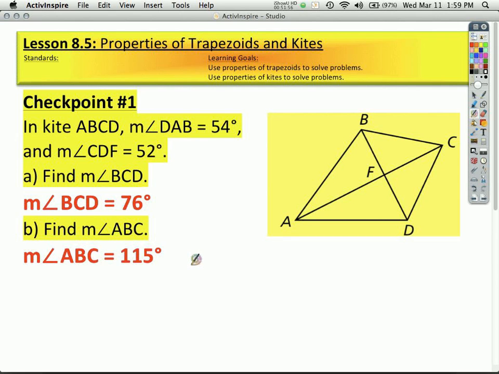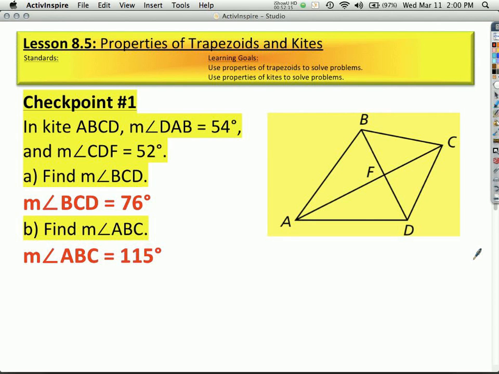Question. Well, if you're doing the angles like that, then how is it a kite? I know. What's your question? It said the quadrilateral is a kite in exactly one pair of opposites. So this is a kite, and it says DAB is 54.